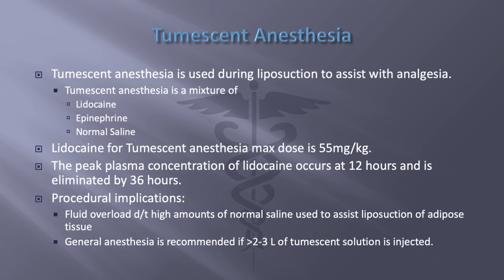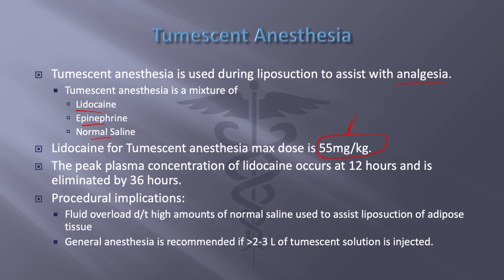Tumescent anesthesia is what the surgeon uses during liposuction to assist with analgesia. All right, tumescent anesthesia is a mixture of lidocaine, epinephrine, and normal saline. So for tumescent anesthesia the max dose of lidocaine is 55 milligrams per kilogram. So extremely high dose.